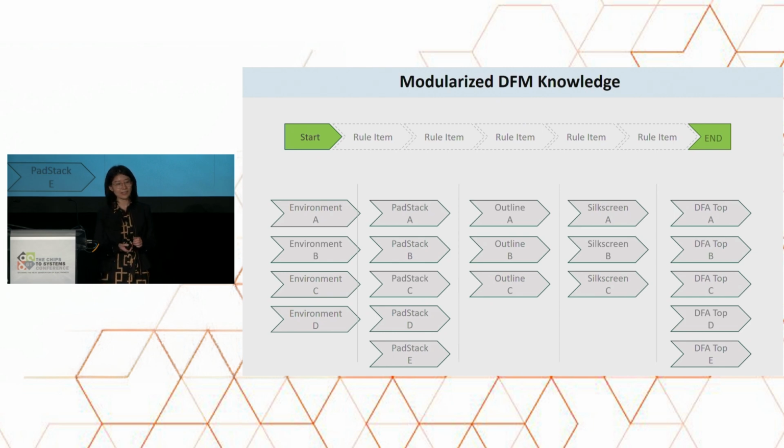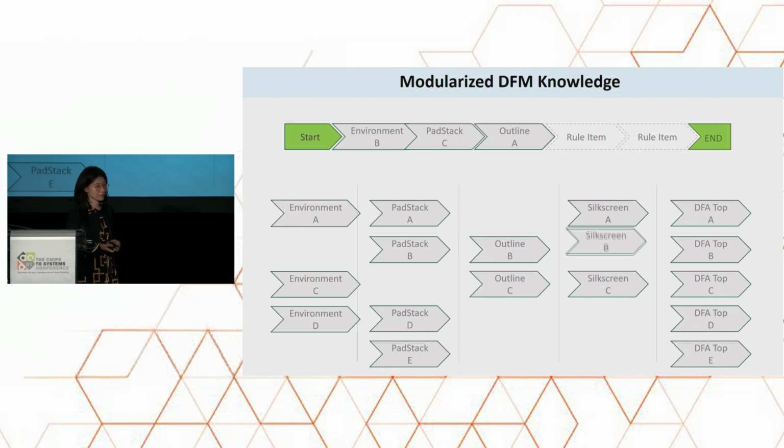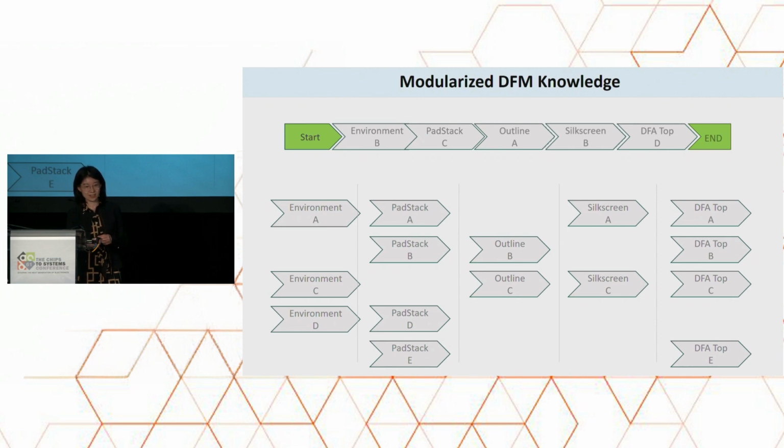That's why we need a technique like this animation here that essentially modularizes the design for manufacturing guidelines and allows users to mix and match to create their own DFM standards. This is essential for a customizable and reusable library, because users can use different combinations of the DFM rule modules to create different versions of the libraries.